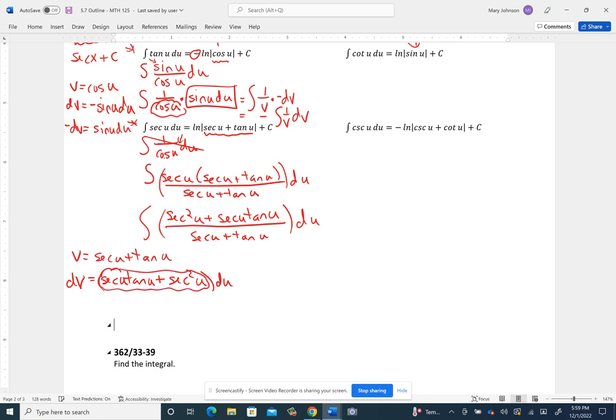I see that piece. I've got the du over there. So I'm going to be able to use the natural log in just a minute.